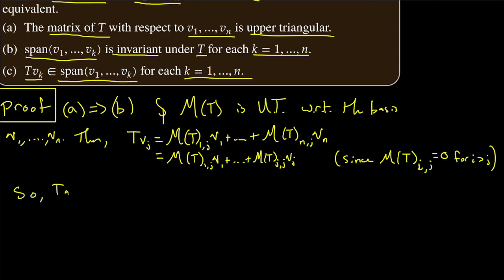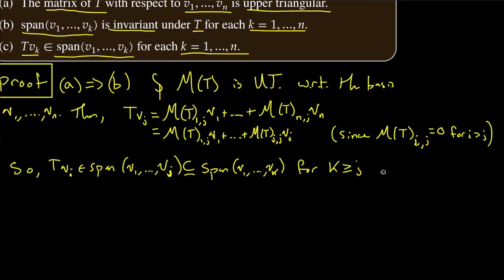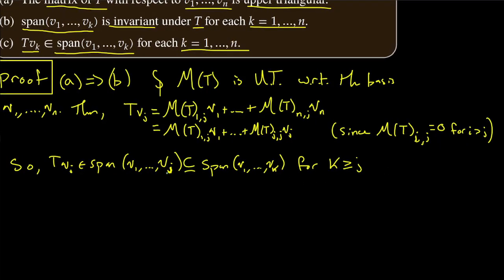So T vj is in the span of v1 through vj, which, notice, is contained in the span of v1 all the way up through vk for k greater than or equal to j. Okay, so just basically saying if you go up through the first j of them, well then if you put even more in there, it'd still be fine.